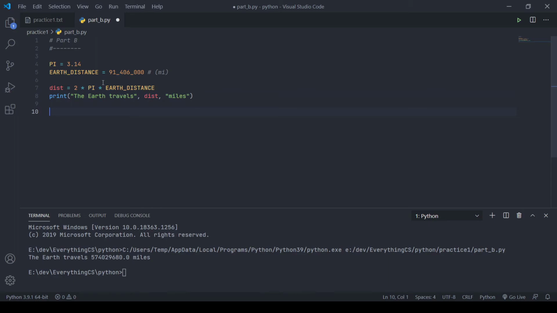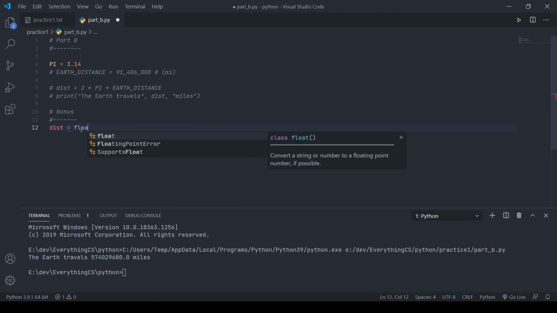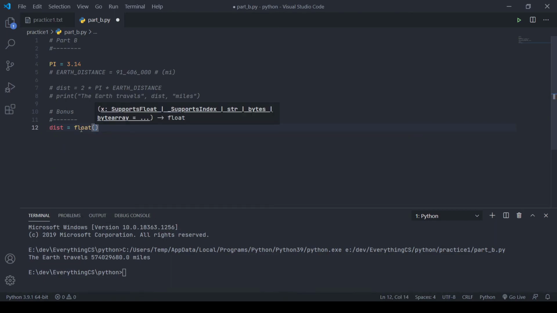If you chose to do the bonus problem, I'm going to solve this right now, and it's going to be relatively the same. We can actually keep our constants, but just comment this out, and we don't need to keep the Earth distance because we're not going to be using that anymore, but I will keep pi because pi is a constant that is going to be there throughout the entire problem, right? So for this problem, let's do dist again, but this time we're going to do float.